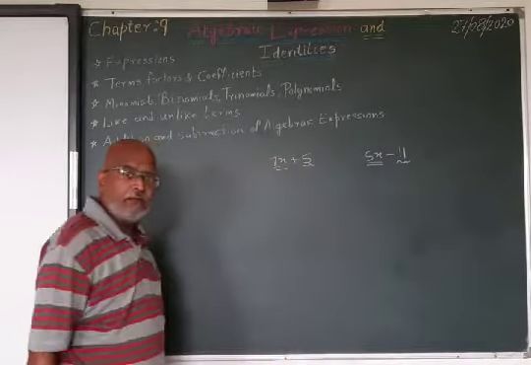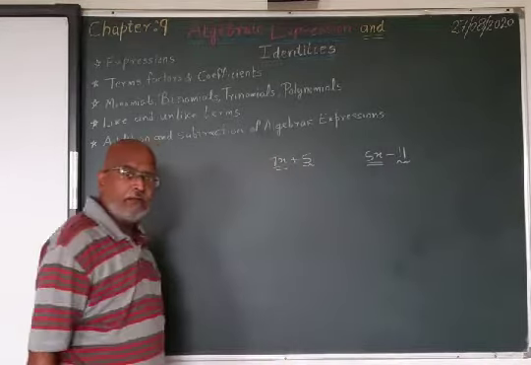If this is the situation, we can add or subtract very directly. For example, 7x plus 5 in one bracket, plus 5x minus 11 in another bracket. Opening the brackets, we can write 7x plus 5x plus 5 minus 11.